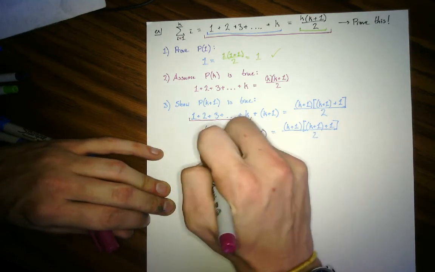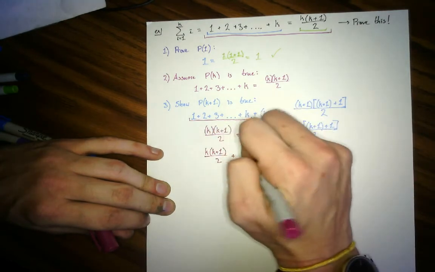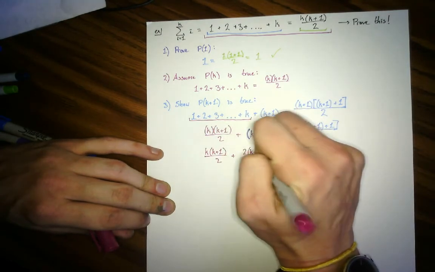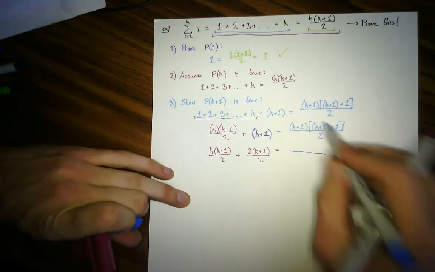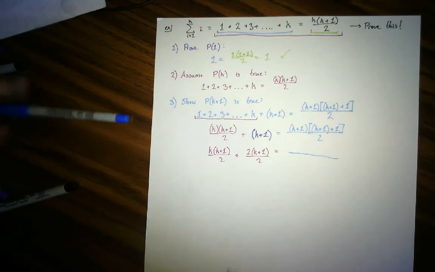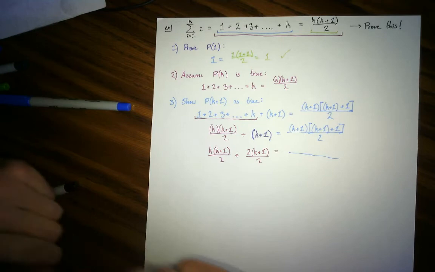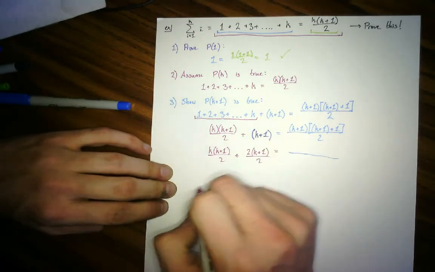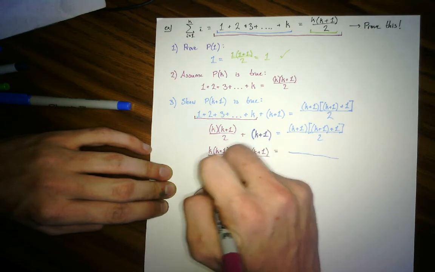So we've got k times k plus 1 over 2 plus 2 times k plus 1 over 2. And we know that this is still equal to this stuff on the right side. So now I'm going to keep focusing on that right side. Here we have a common denominator, so we can add up these 2 guys from the top.